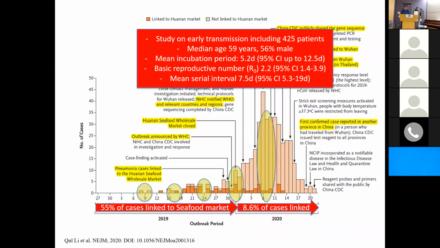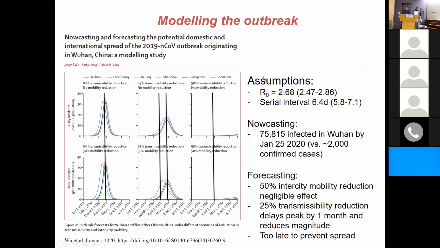With those 7.5 days, I try to show that here with the yellow circles. So roughly every week, at least in the beginning, you see a doubling of the number of cases, which would be aligned with an R0 in the range of 2.